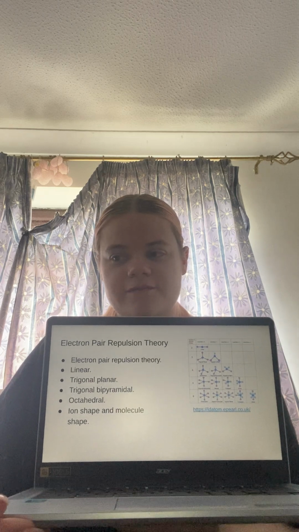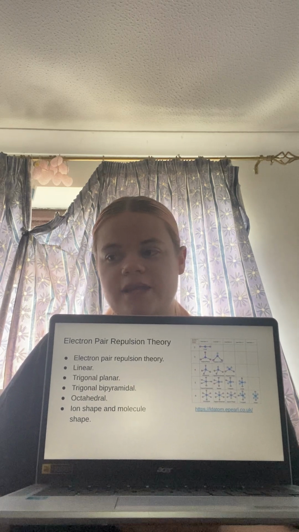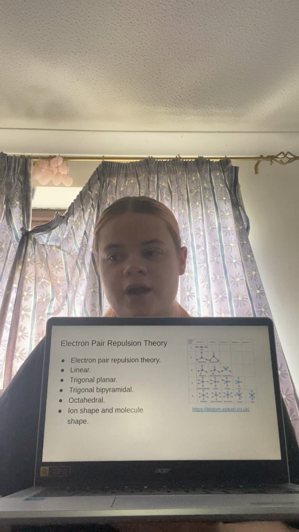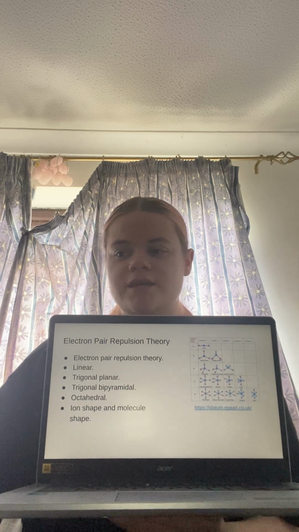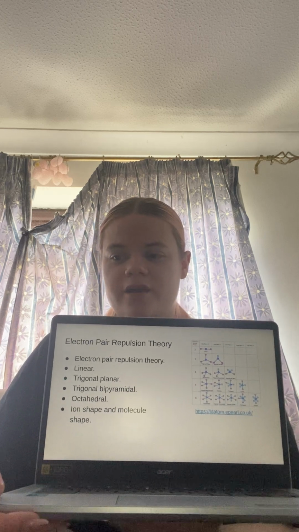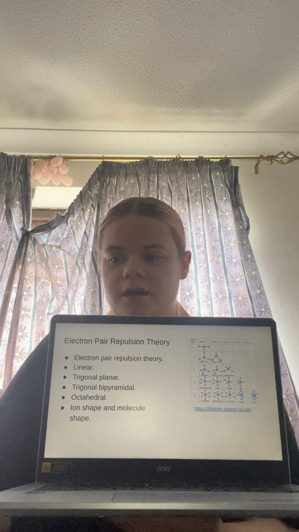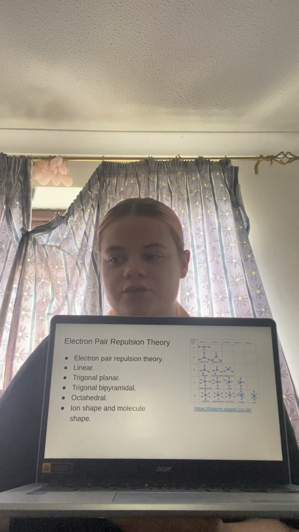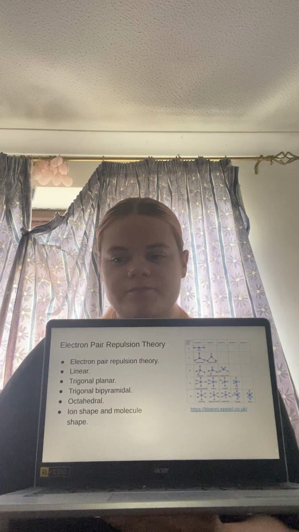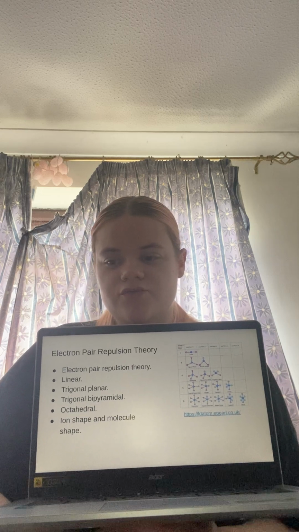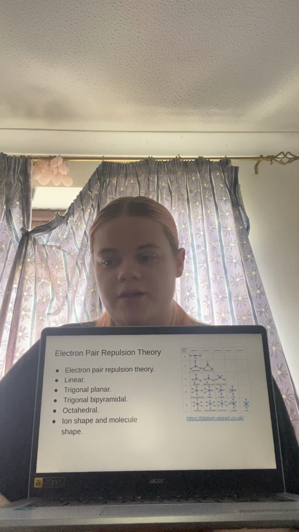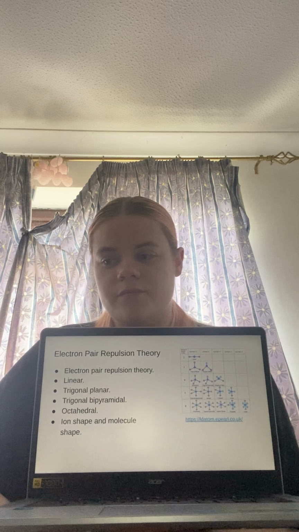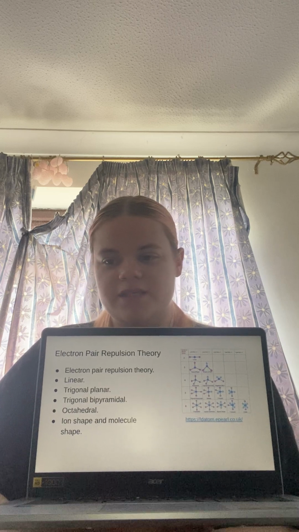Electron pair repulsion theory is that electron pairs orbit around a central atom. They stay as far away from each other as possible, in a sphere shape. The shape of a molecule or polyatomic ion is predicted by this theory. Linear, trigonal planar, trigonal pyramidal, and octahedral are some of these.